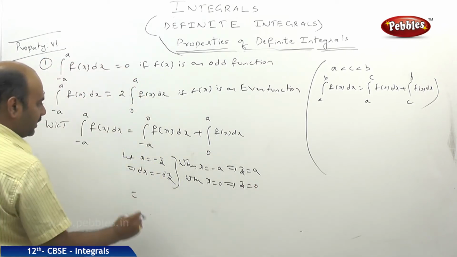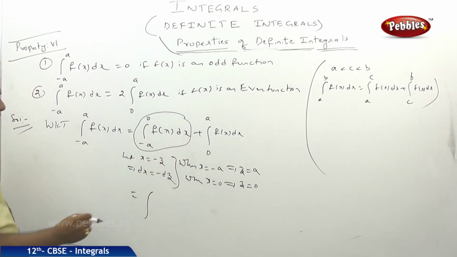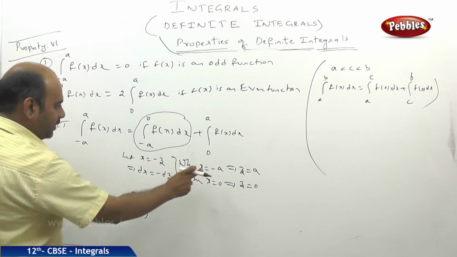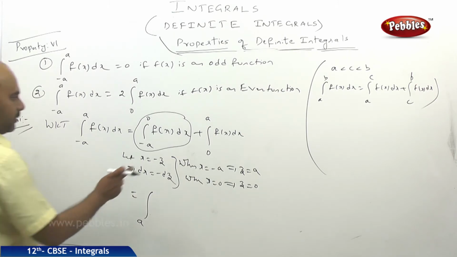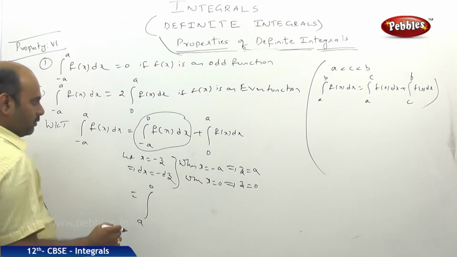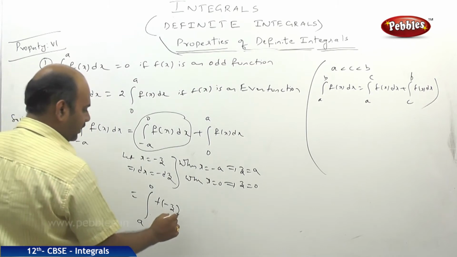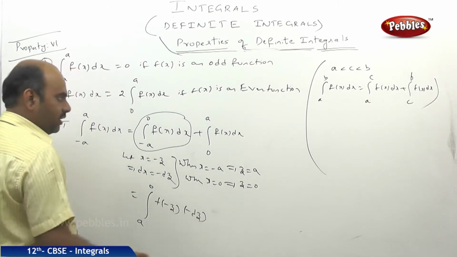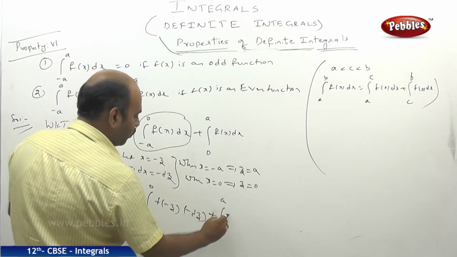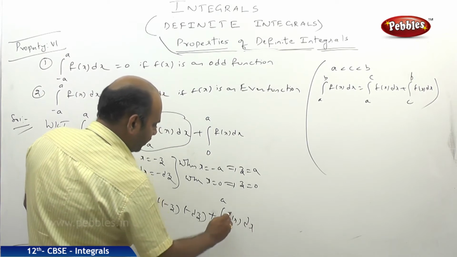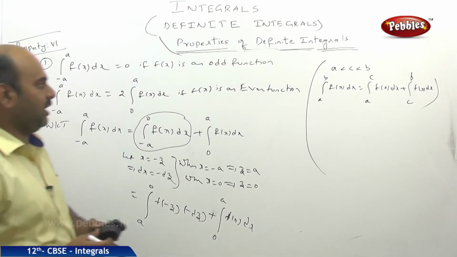Therefore, on the right hand side, I will simplify only this particular part: integral from a to 0 of f of minus z, and in place of dx I can write minus dz, plus, as usual, I don't want to disturb this particular integral, integral of 0 to a f of x dx. So finally what happens?